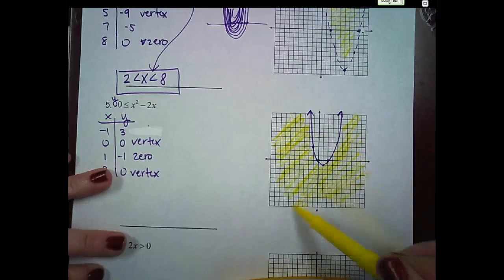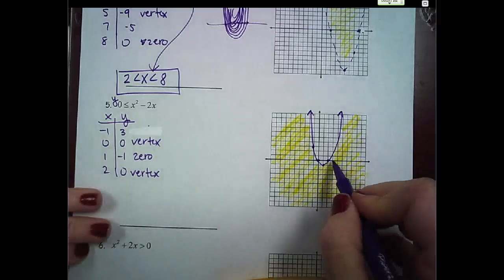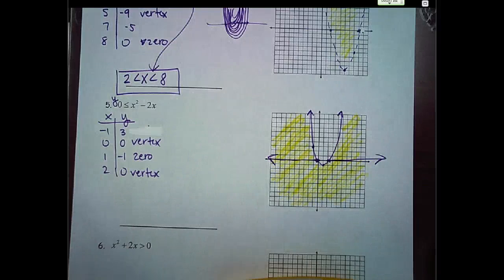And this time, it's like you've got all these parabolas on the outside, okay? But instead of your answers being between two things, your answers are from this way out and from this way out. Do you see that?